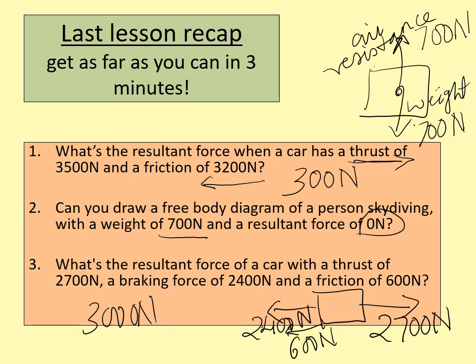And the total force towards the front is 2,700 Newtons. So the resultant force should be 300 Newtons, 3,000 minus 2,700, and it should be towards the left. Okay, so these should have been your answers.